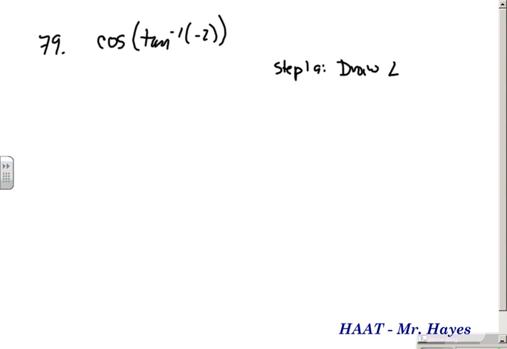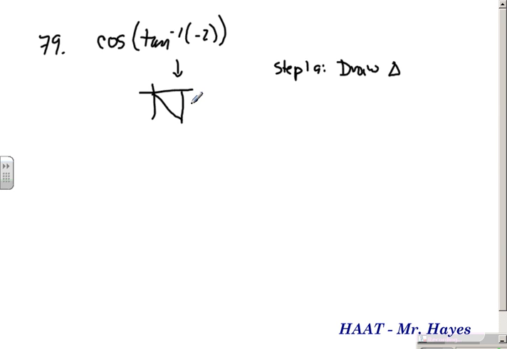Okay, 79. You've got cosine of the inverse tangent of -2. Okay, now remember, this right here is an angle. So first step, actually we're going to say 1A. Draw your triangle. Okay, so this triangle here is in quadrant 4, because tangent is negative in quadrant 4.